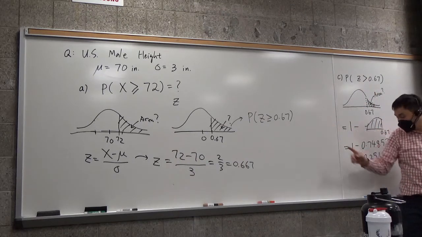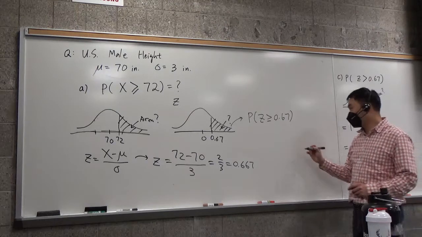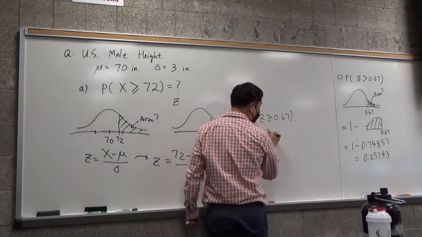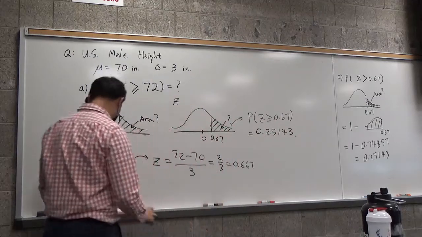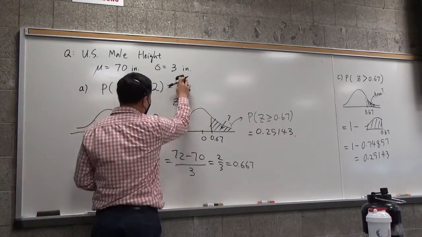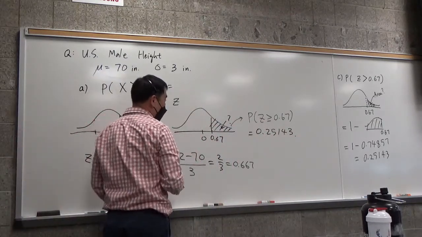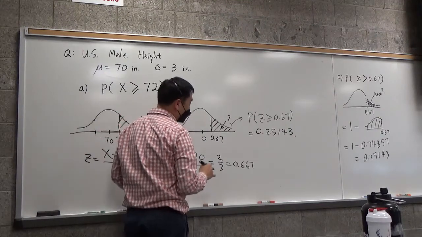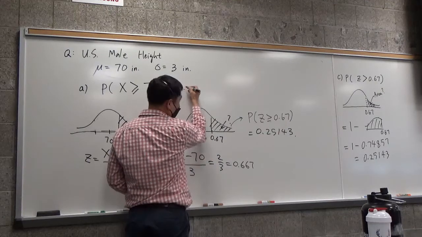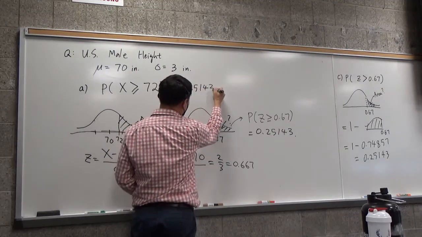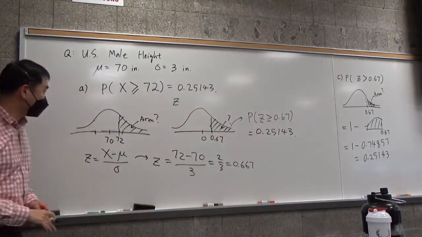So we can just quote this one, which is 0.25143. So the answer is there is about a 25% chance that the guy that you meet is going to be 6 feet or above, right? So that's how it works.